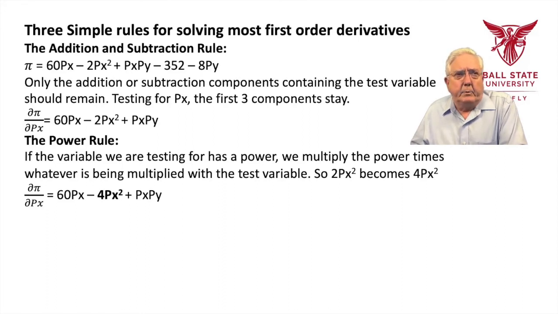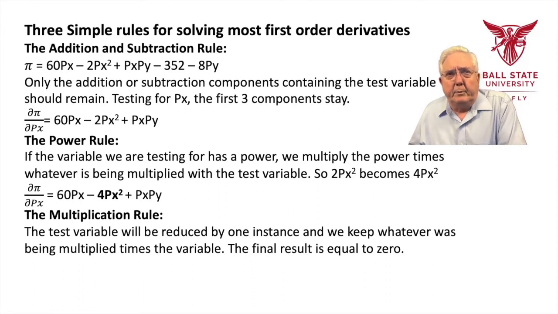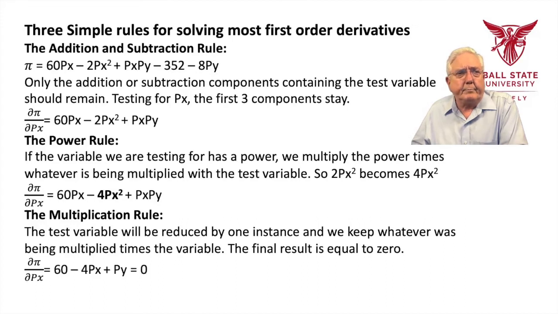And now the last rule, the multiplication rule. The test variable will be reduced by 1 instance, and then we keep whatever was being multiplied times the variable. We get rid of the instance, and the final result is then set equal to 0. So the PX here goes away.